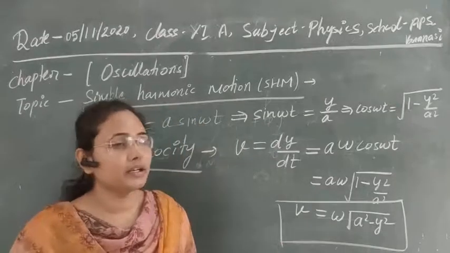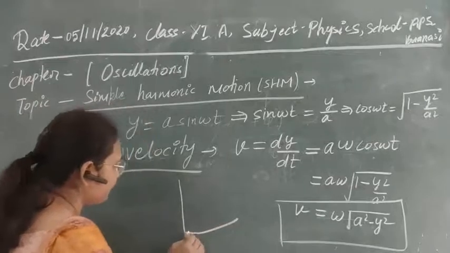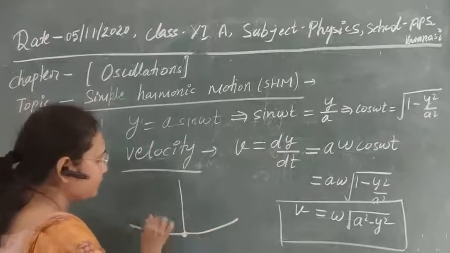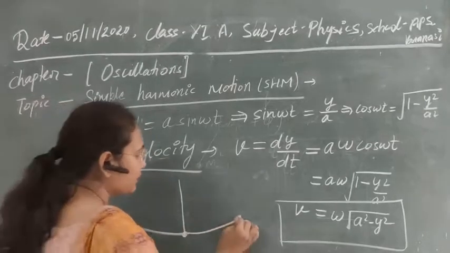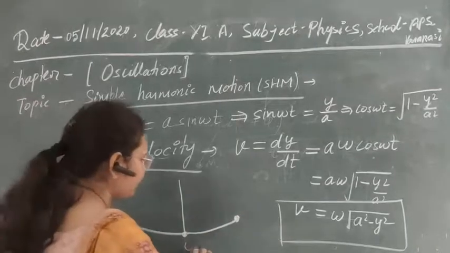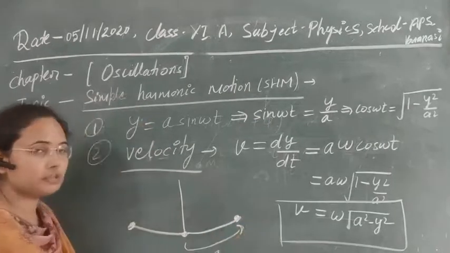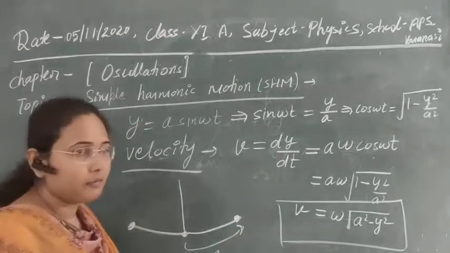Suppose we are calculating it at the end point. If this is any bob that is executing simple harmonic motion, then these are the end points of this motion. So this is the amplitude A, means maximum displacement which is possible in this system of oscillation.